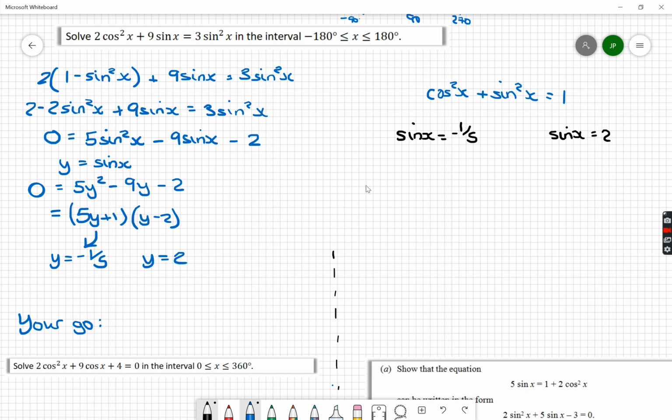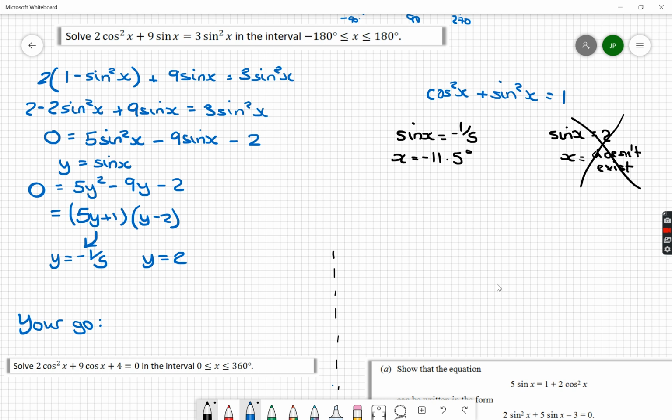If I inverse sine minus a fifth, I get x equaling minus 11.5 degrees. If I try and do inverse sine of 2, I do not get an answer. So that doesn't exist. Now, as soon as the principal value doesn't exist, I can ignore that altogether. That's never going to give me a solution. So I've only got to focus on one side.